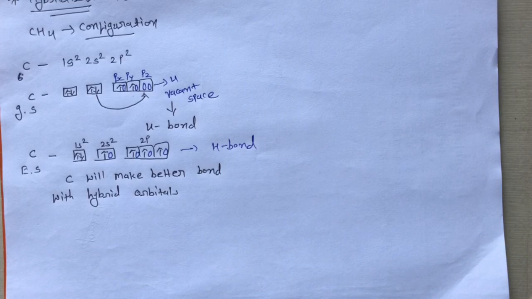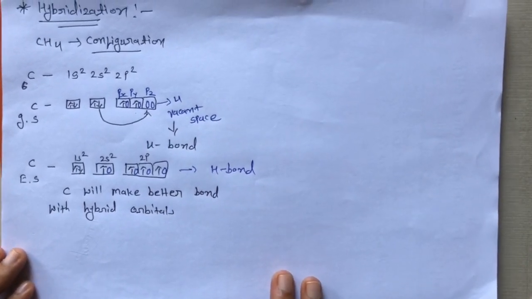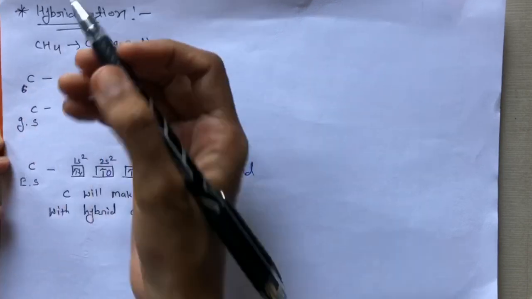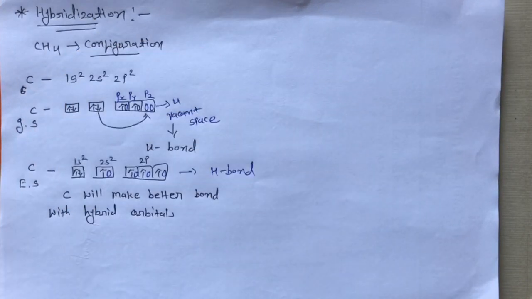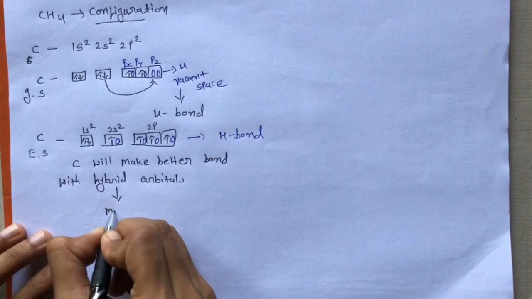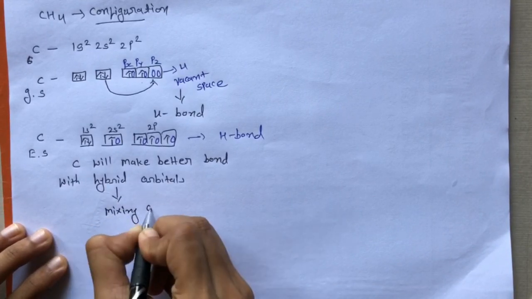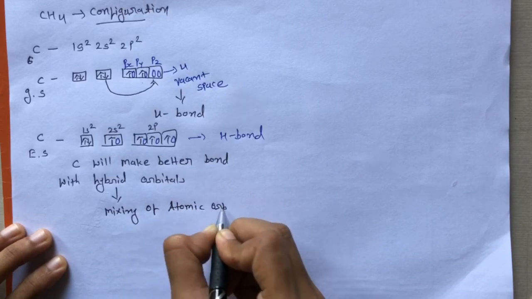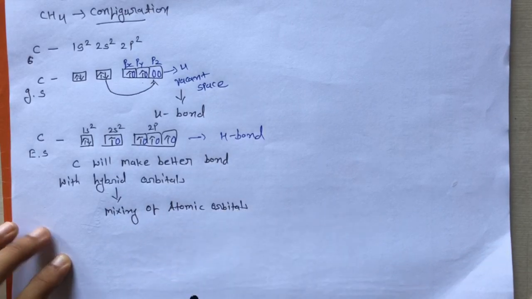This is only a theoretical analysis. A molecule itself doesn't know that it is hybrid; CH4 doesn't know that these are hybrid orbitals, right? So what is hybridization? Hybridization is nothing but mixing of atomic orbitals.